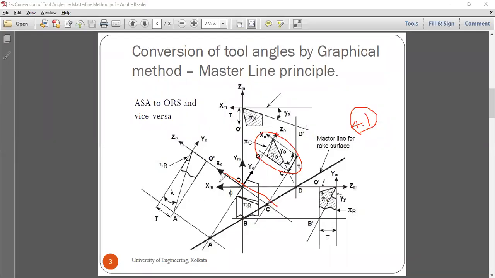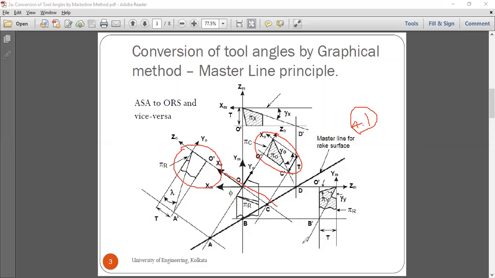Similarly, the view on the pi c plane is this one, so we get the inclination angle here. I believe all of you know how we are going to do the sectioning or viewing. So these things are very clear to you. And this one is the view on the pi r plane. Pi r is the base plane, or the plane on which the tool is placed, right?